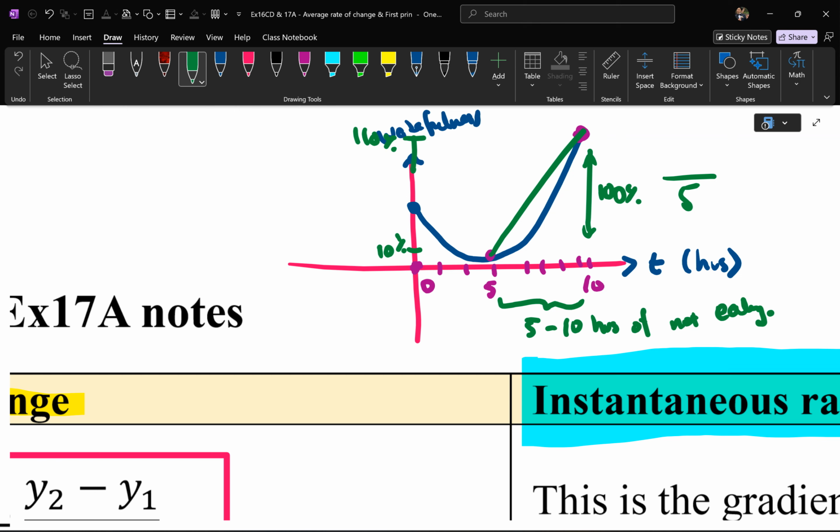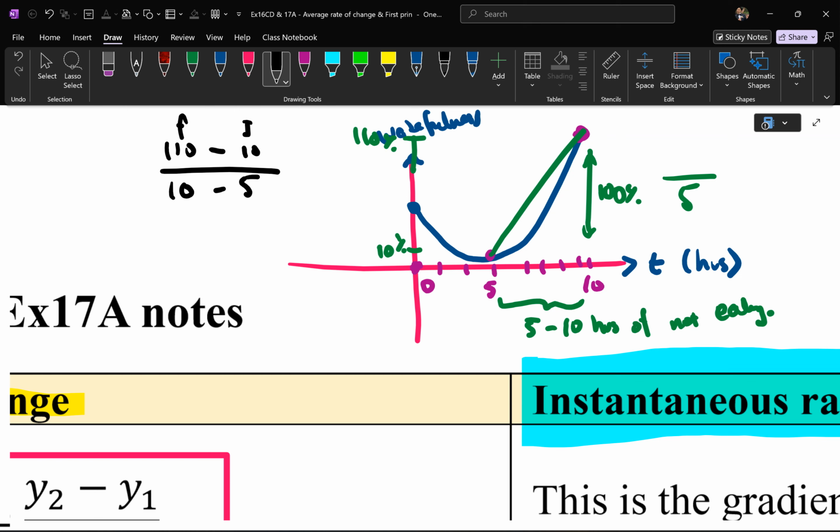But on average, over the 5 hours, okay, so how did I know it was 5? I did 10 take away 5. Then I took your maximum, your final performance, and your initial performance. Okay, so let's write down what you're saying here. We did your final performance, which is 110%, minus your initial performance, which was 10%, over what your final time was after 10 hours, and then your initial time was after 5 hours.